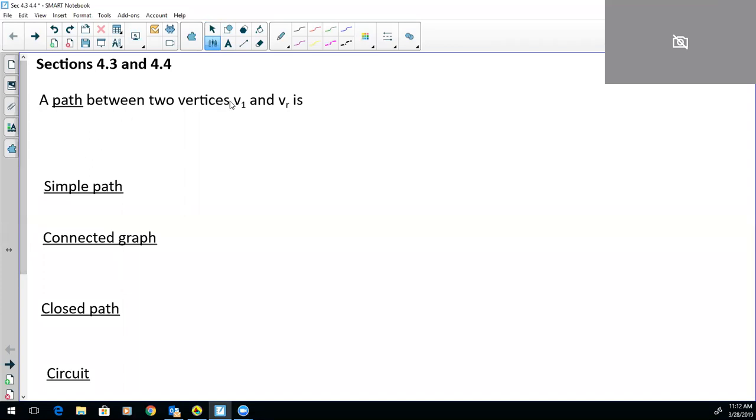A path between two vertices. The two vertices are V1 and VR.